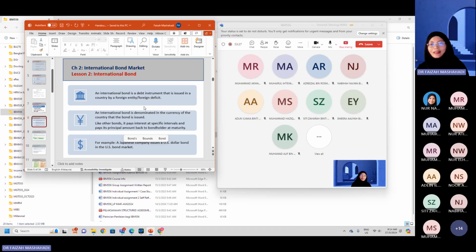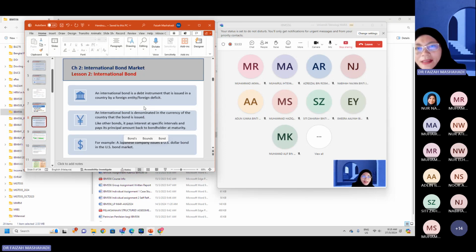Any example of foreign entity in Malaysia? HSBC. Other than that, Azrizal. Multinational corporation in Malaysia. Citibank. Nabiha.